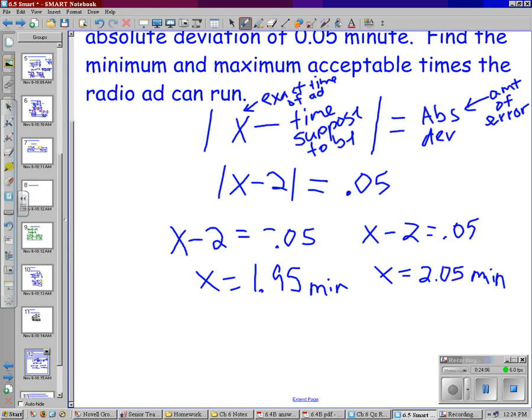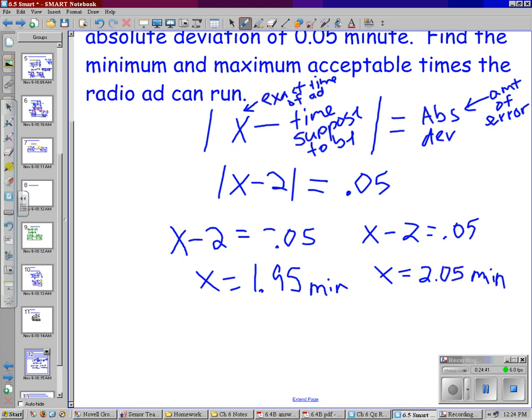So the ad could have been 1.95 minutes up to 2.05 minutes. That could be the length span, you might say, the minimum and the maximum for the length of the ad. Okay. So this x up here is exactly how long it was, whatever that was, minus what it's supposed to be, can be no more than this absolute deviation here. Okay, 0.05 is how much it can be off.